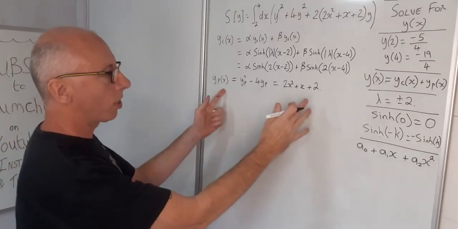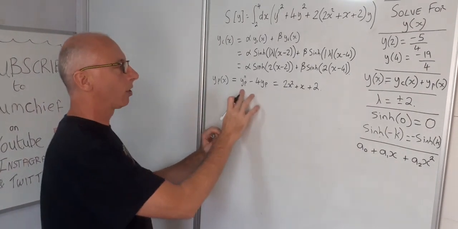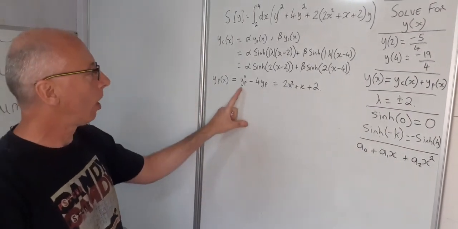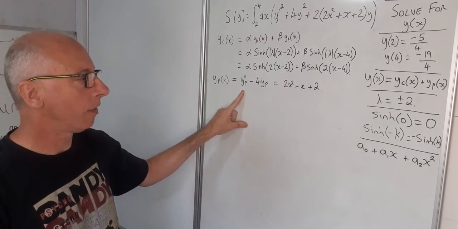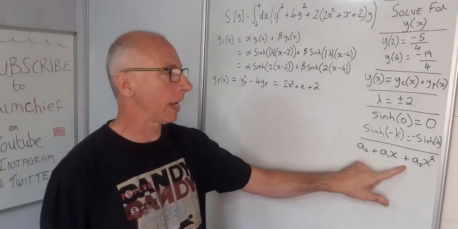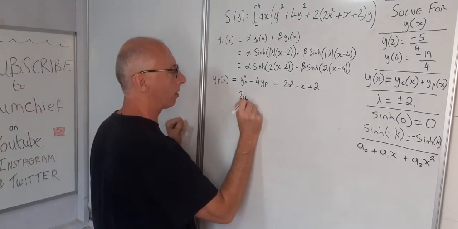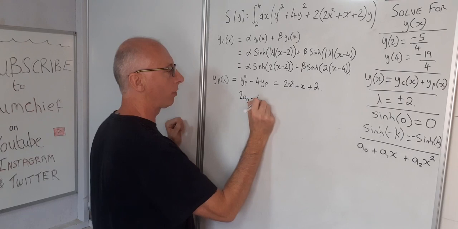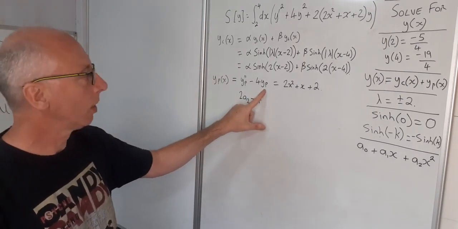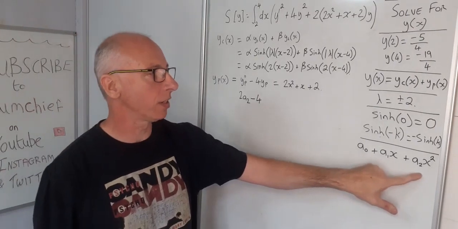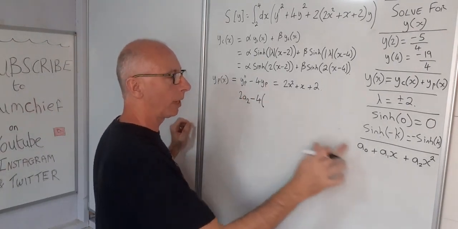Okay, so now trying to solve for this format. Our y double prime, we know that's going to give us a value of 2 for our a2. So now we're going to be left with 2a2 and subtract 4 times. Now our y particular solution is going to be of this format, so I'm going to plug that in here for our yp.